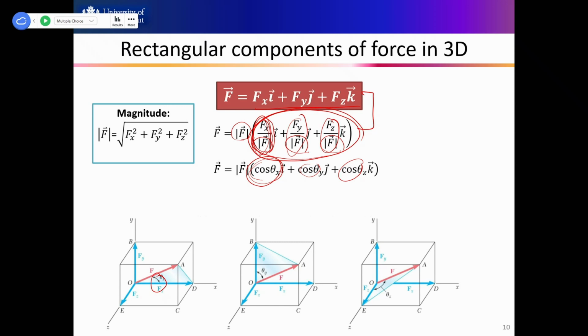Now this is the link between this vector and the angles. By using inverse cosine, we can find theta x, y, z: the first component gives theta x, the second theta y, the third theta z.